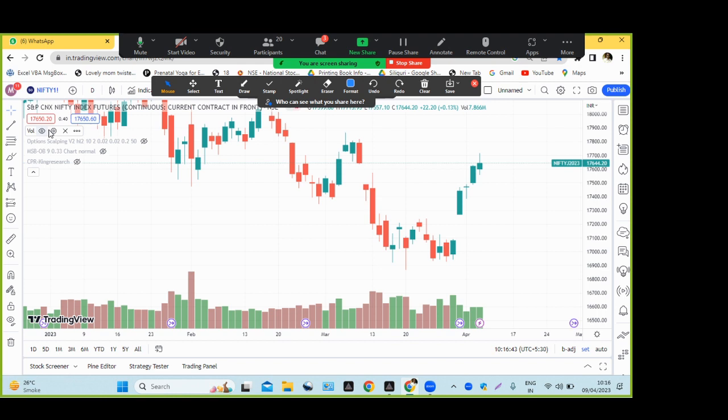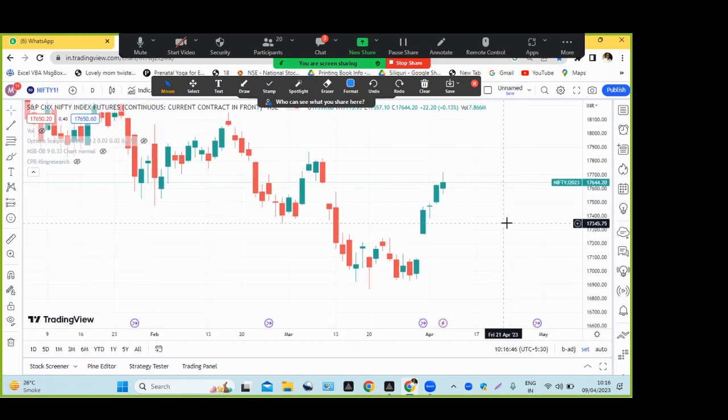Let me hide this. The time frame is daily. It doesn't matter whether you are trading on daily, 15 minute, 5 minute or 1 minute. The only thing that matters is that the more time you take, the bigger your SL and target will be.